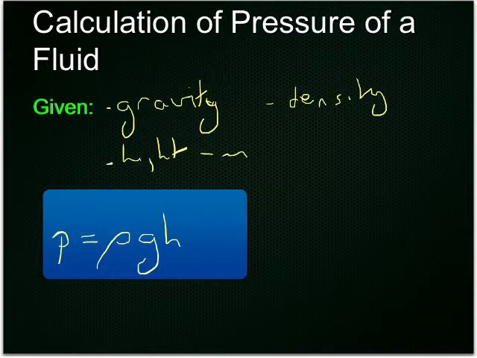Height must be in meters, density must be in kgs per meter cubed.